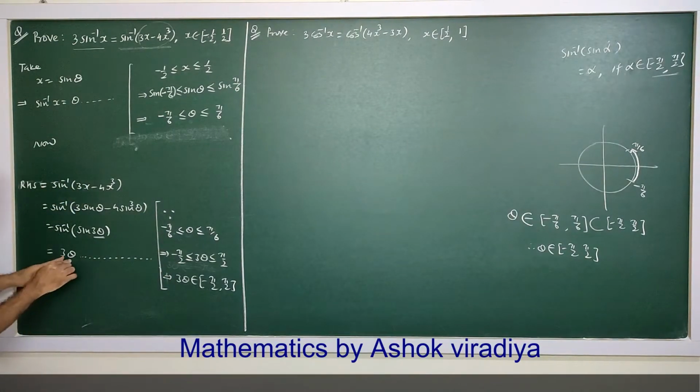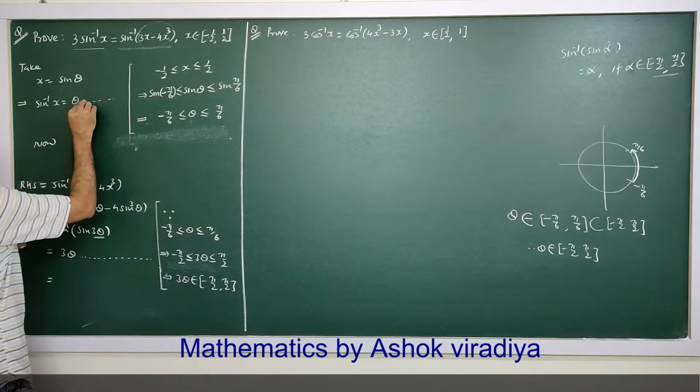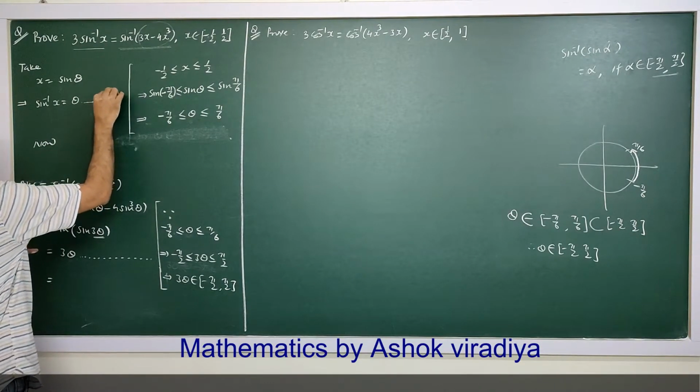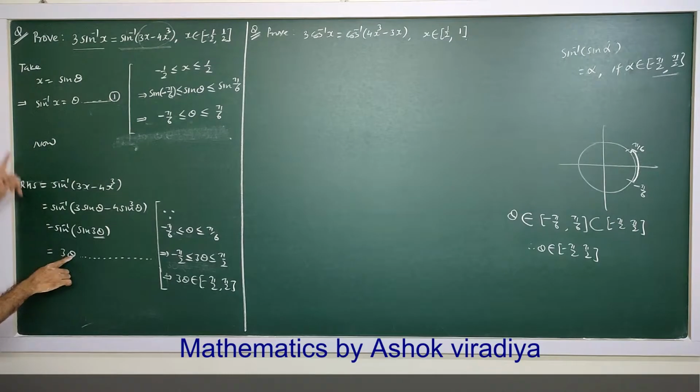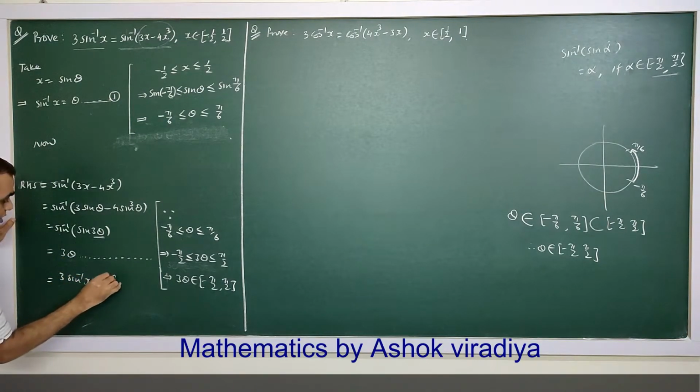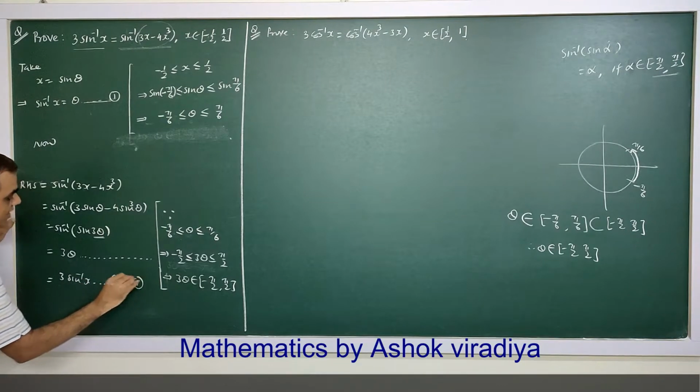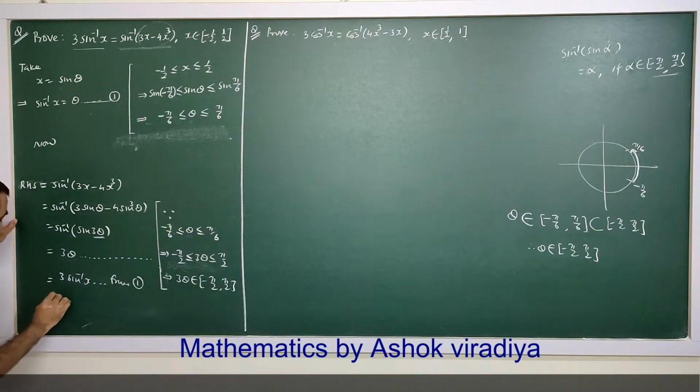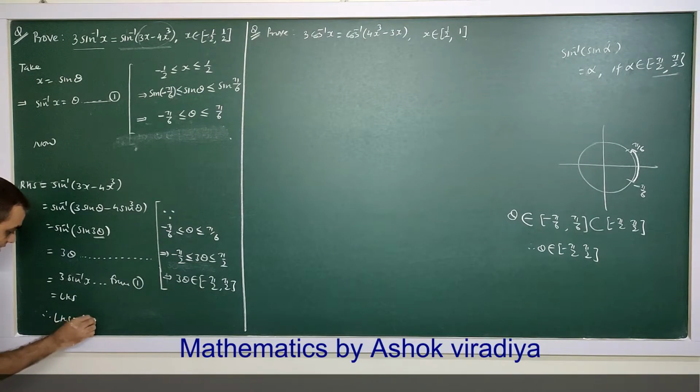Now, if we say this is equation 1, the value of theta is sine inverse x. This is from 1 and it is LHS. So LHS is equal to RHS.